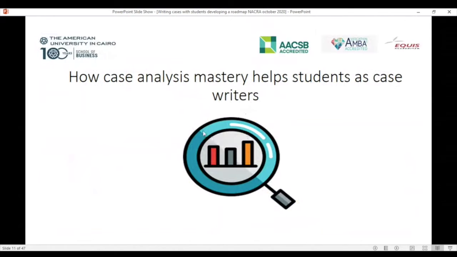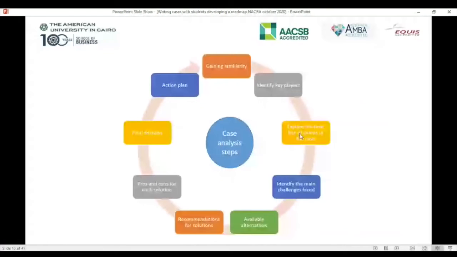Students need to know about analysis, and then they can move on to the case writing methodology. Students need to take a lot of exercises related to case analysis.